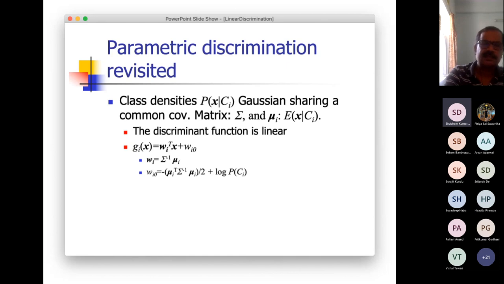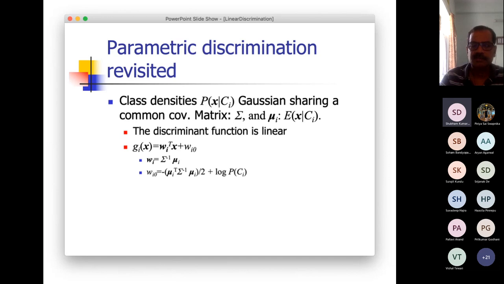So this is the result. That means discriminant functions, when we have more than one class, in fact more than two classes also. For every class, in its class likelihood, you have a set of parameters. As you can see, the likelihood distributions have a mean vector and a covariance matrix.